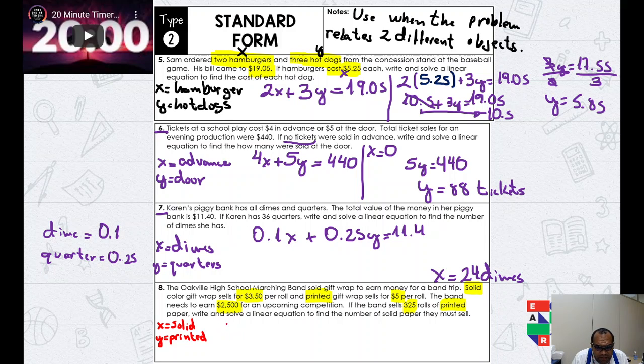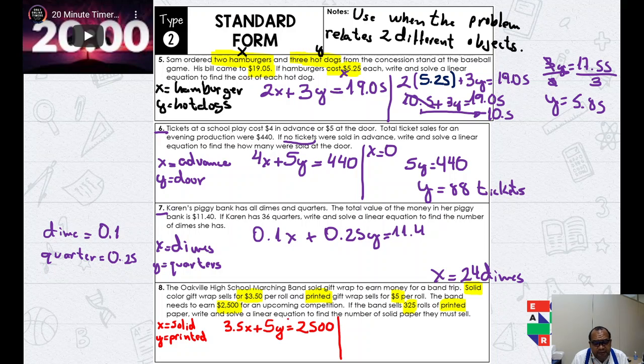The solid 3.5 means 3.5x plus, who is my Y? 5. 5y, 5 times y, remember, you keep the same number. 5 times y equals the total I need, 2,500. Nice. Here's my equation.